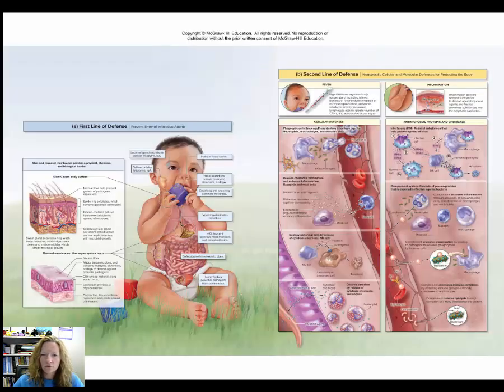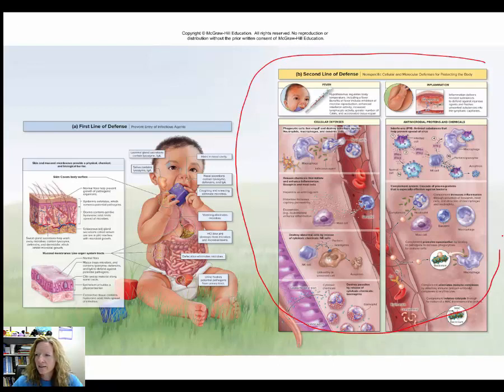So here is that nice little picture we looked at of the cute little baby looking at all those first lines of defense, and this is what we just covered in the last couple of videos, looking at the second line of defense and everything that is occurring. So what we're going to be looking at for almost the rest of the chapter is the adaptive immunity.